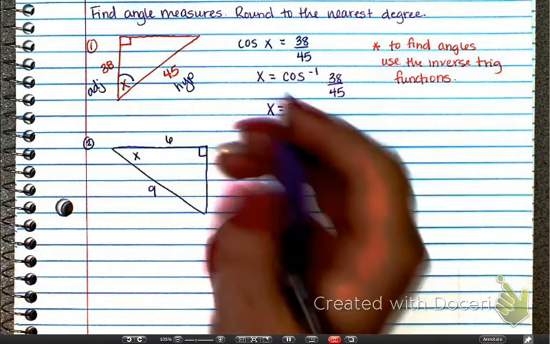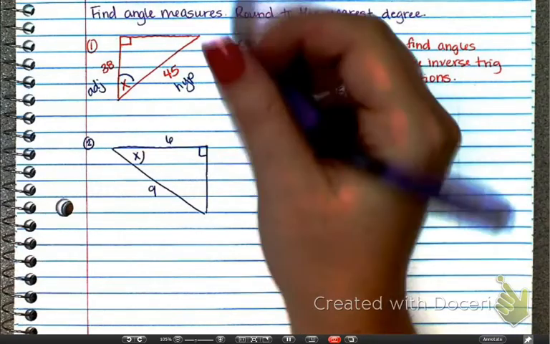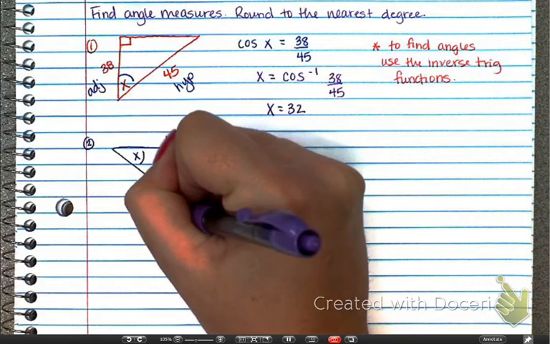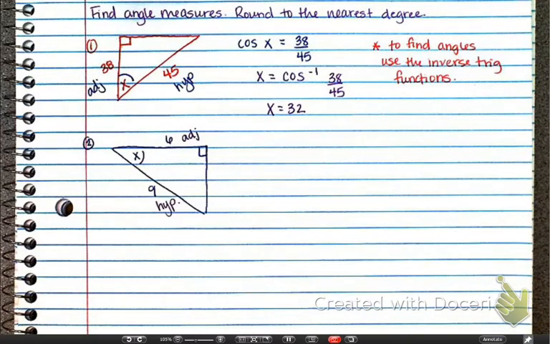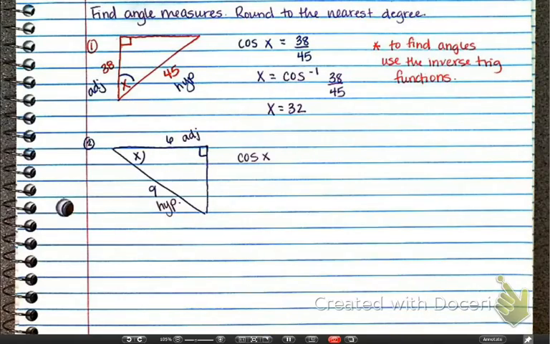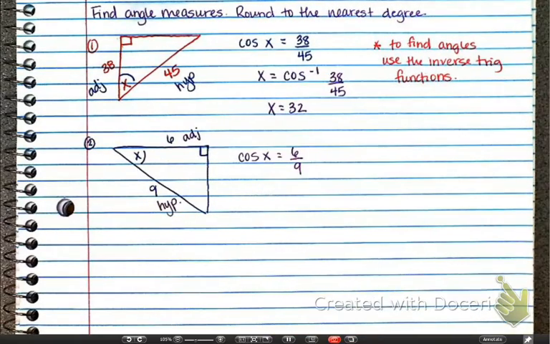Okay, so let's label if x is our reference angle. What sides do I have? I have the adjacent again and the hypotenuse. So again, it's cosine. So the cosine of my angle equals the adjacent over the hypotenuse. Because I'm solving for angle, I'm going to use my inverse button.